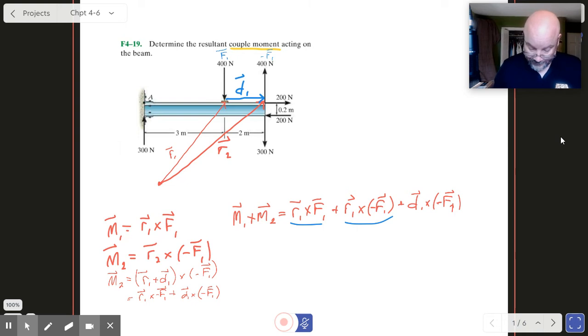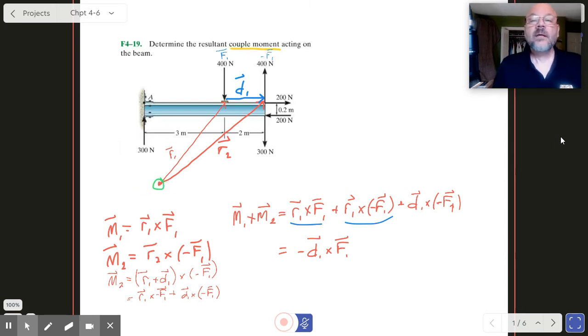So we've got minus D1 crossed with F1. Now, before we simplify any further, what you need to realize is that I never told you what this position was.